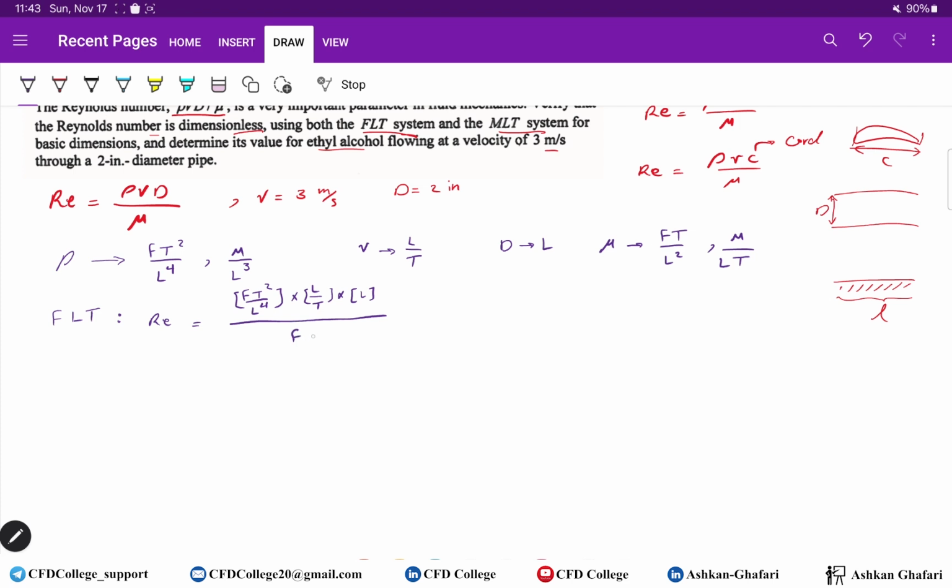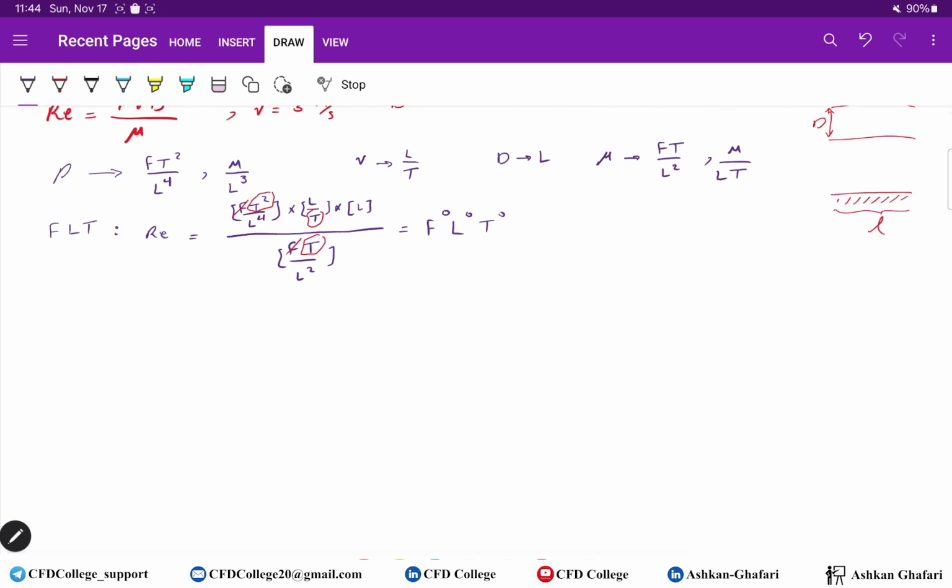So here we have F T over L squared. As you can see, we have F in the numerator and the denominator, so they cancel. T squared, T and T, so it cancels, and we have L to the power 4, L to the power 2, so all the units are gone. It means that this Reynolds number is dimensionless.